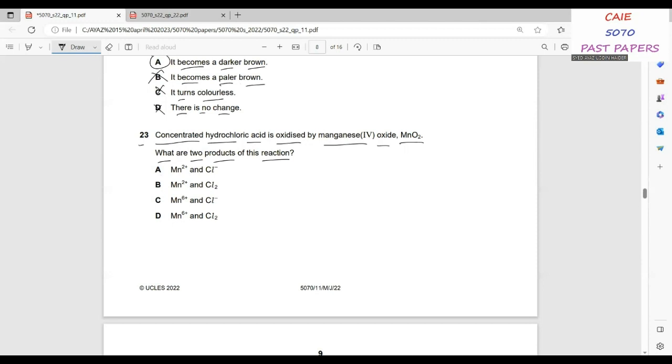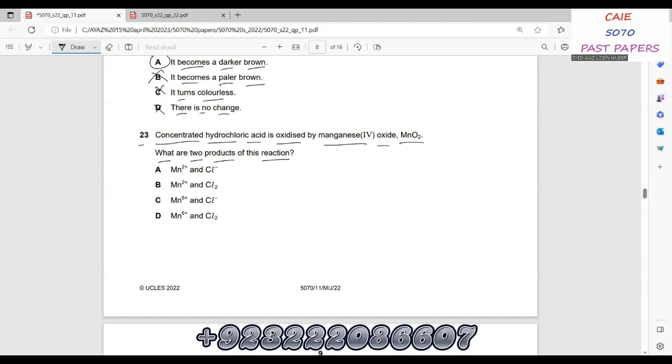So choice A is wrong, because in this Mn2+ and Cl- is produced. Choice B is Mn2+ and Cl2, and this looks correct to me. For your convenience, I am reading the other statements also. Mn6+ and Cl-, this is again wrong. D, Mn6+ and Cl2, this is also wrong.